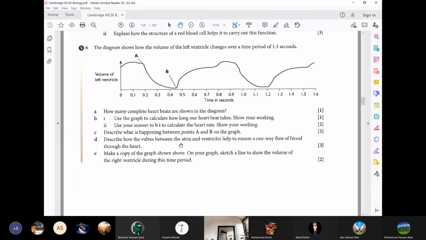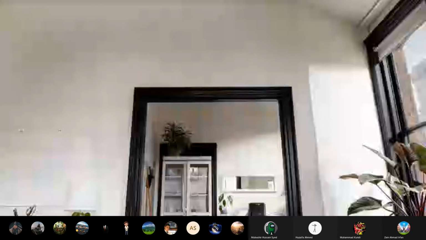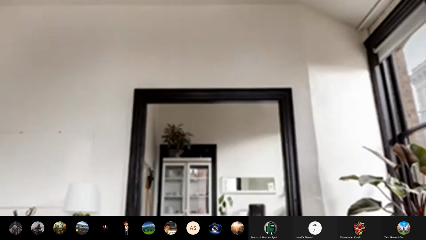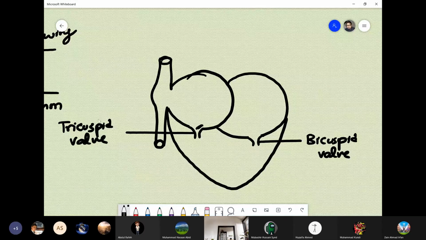Next one. Describe how the valves between atria and ventricles help to ensure a one-way flow of blood through the heart. Now, guys, let me show you. This is the heart, right? This over here is the tricuspid valve, and this over here is the bicuspid valve. The tricuspid valve has 3 flaps, while the bicuspid valve has 2 flaps.